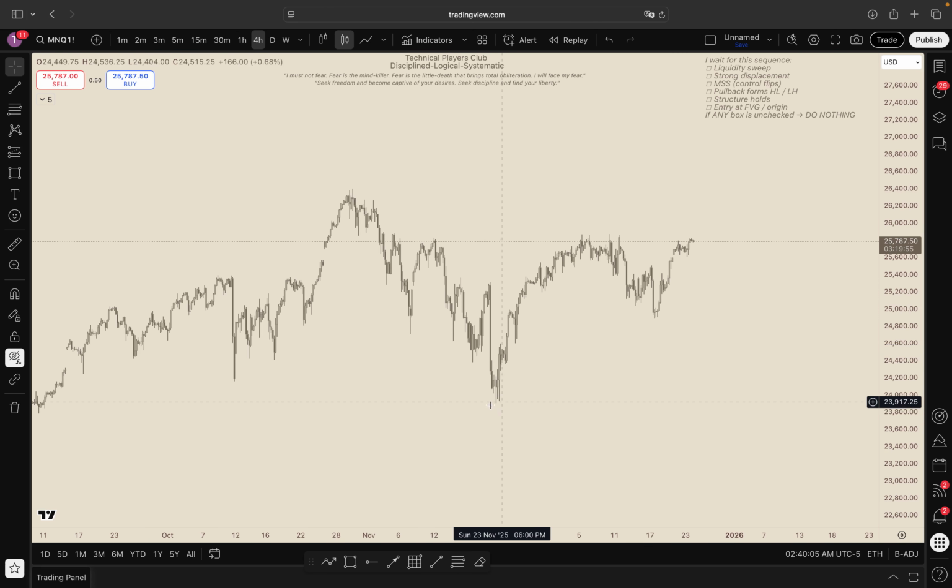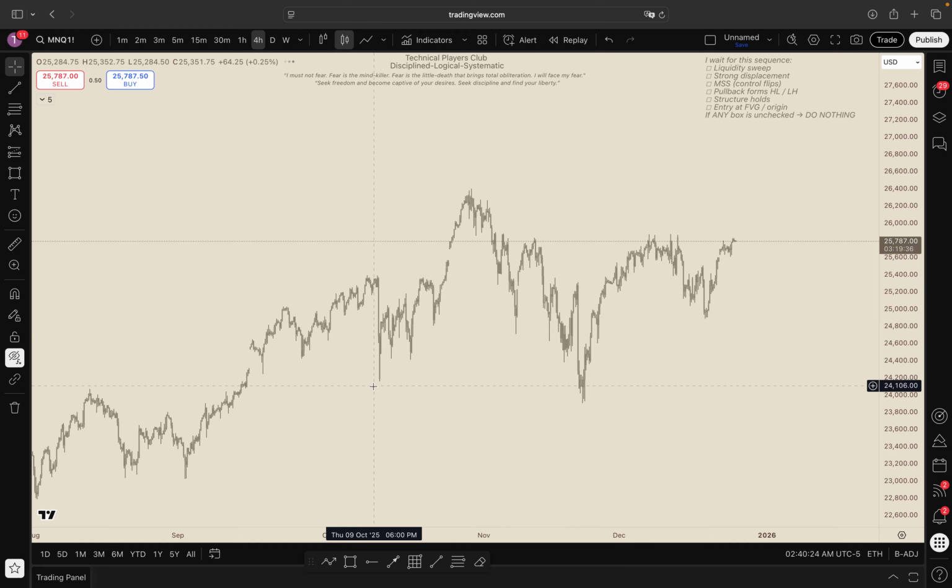Looking at this, let's make it simple. Liquidity is going to be sitting at the ends of structure, basically. So where would you think liquidity would be? It'd probably be there at a swing, there at a swing, there at a swing.